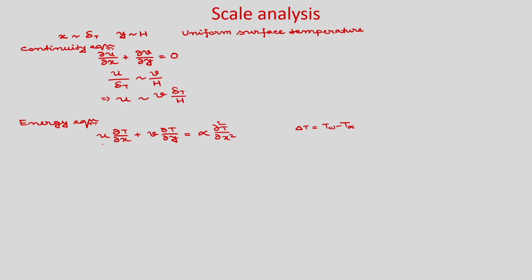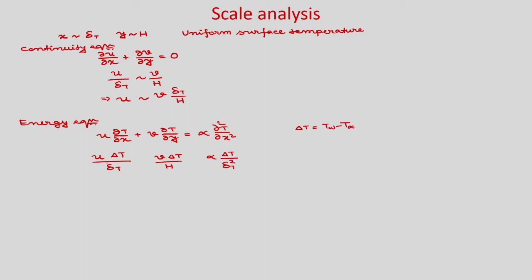So, you can write u delta T by delta t, this is the first inertia term. The second inertia term, you can write v delta T by H, and the diffusion term will be alpha delta T by delta t square.